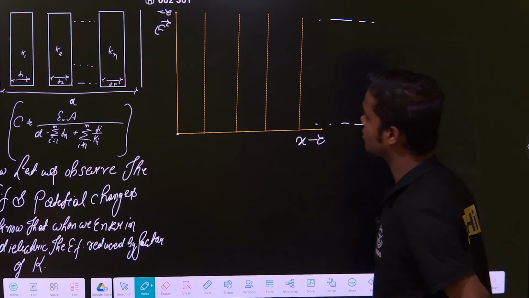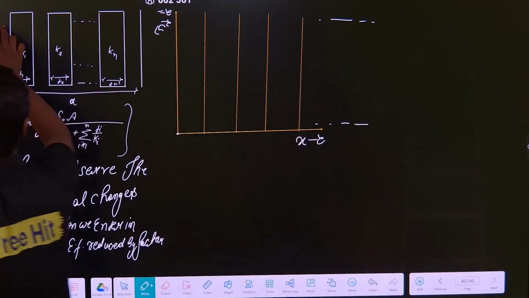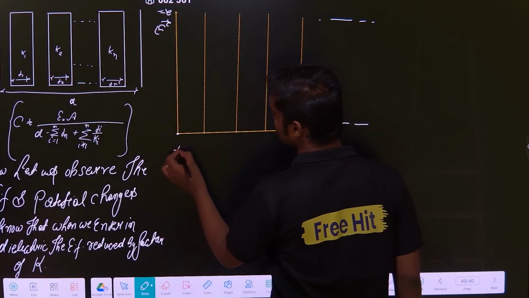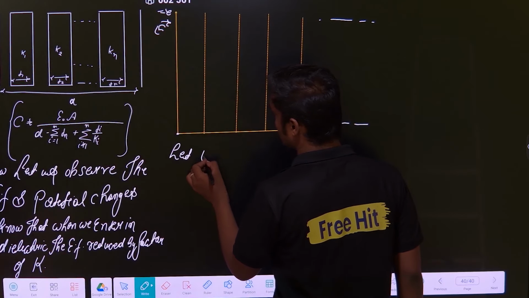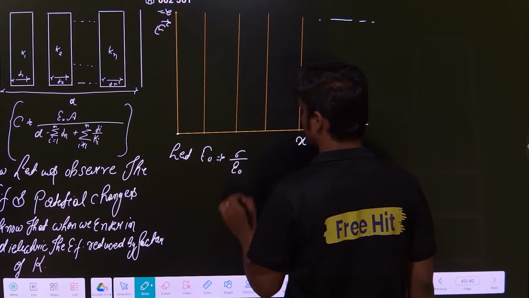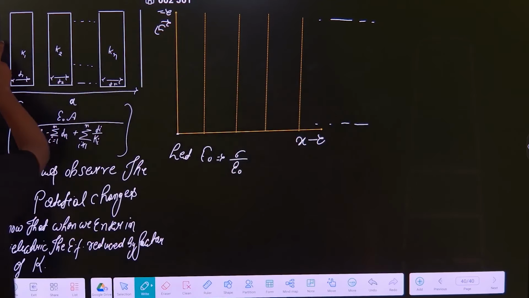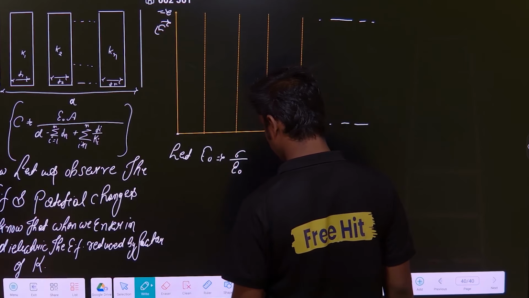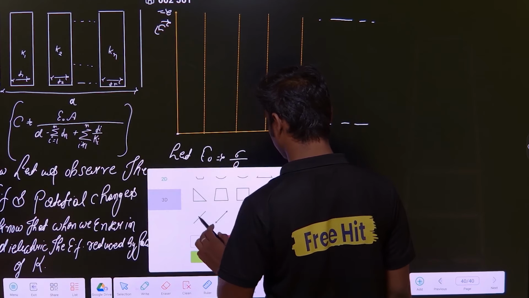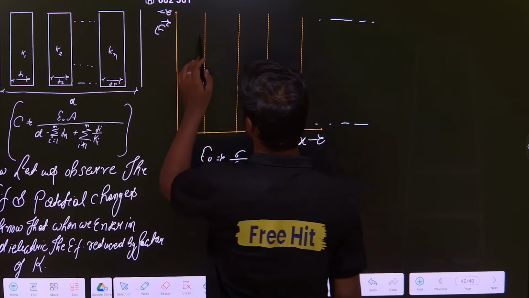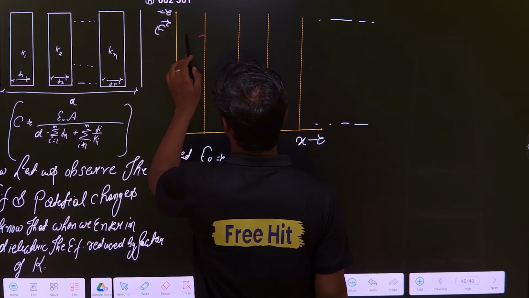So in this region, what is the electric field? Let E naught be equal to sigma by epsilon naught. So in this region the electric field is sigma by epsilon naught, correct? Can anyone tell me what the electric field in this region is?